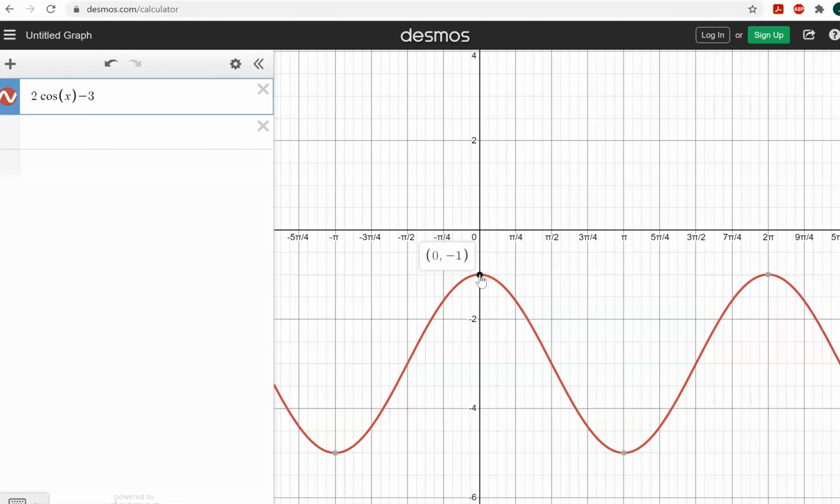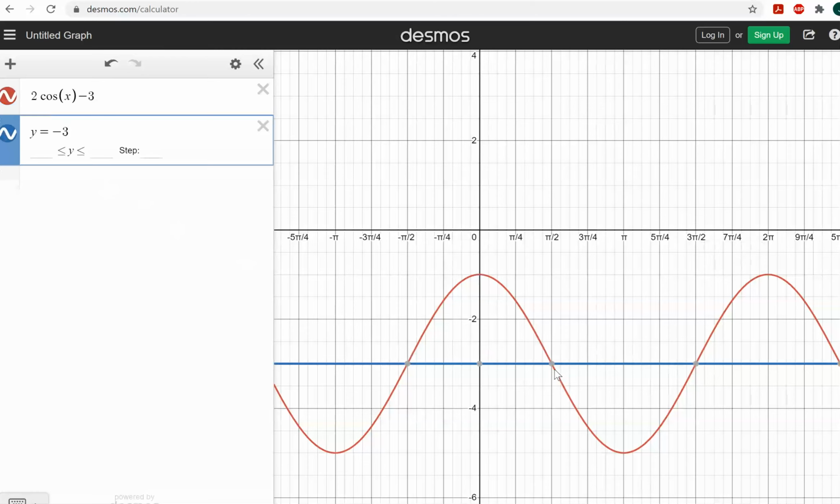So there we have our 0, -1, perfect. At 2 pi, we're at that same value, halfway between the minimum at -5. The midline can be a little tricky to see. If you wanted to visualize the midline, you could actually graph y equals -3 and check those intersections with it. That's great too. So when you get to the end of these, you can always check your answer by plugging into the calculator.